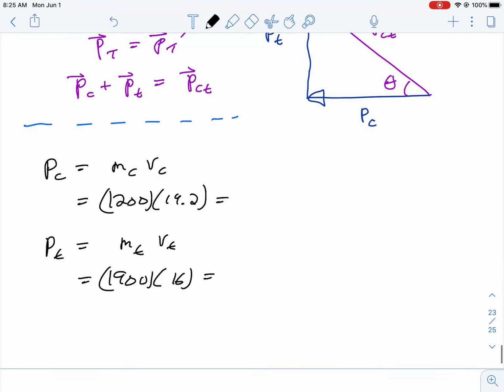Good. All right, let's calculate those. So the first one is 17,040. And the other one's 30,400.